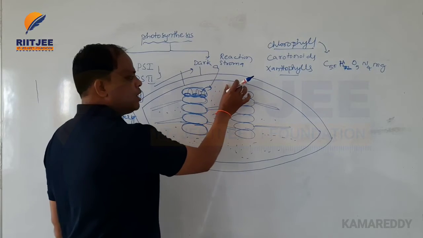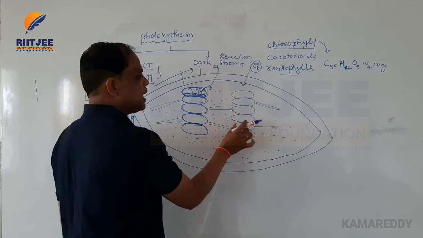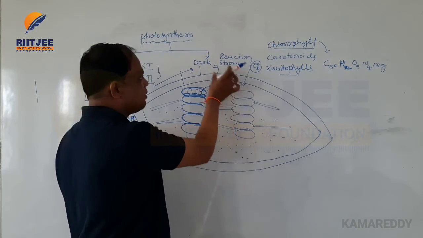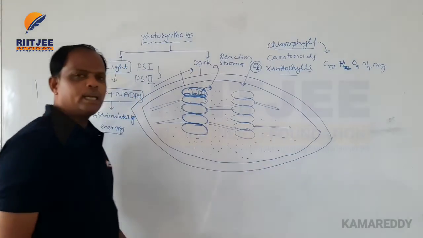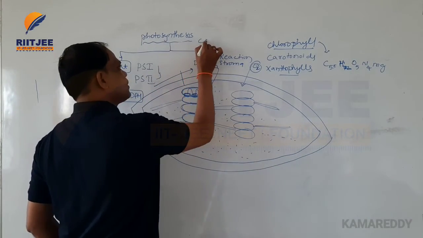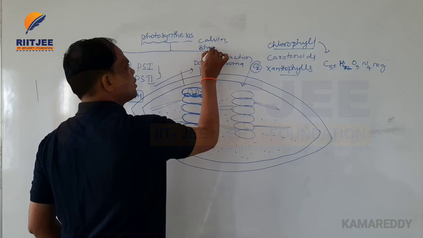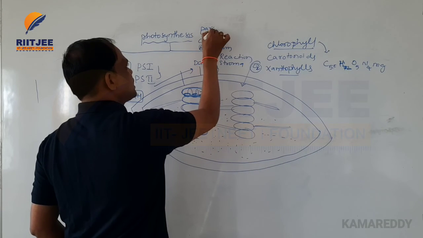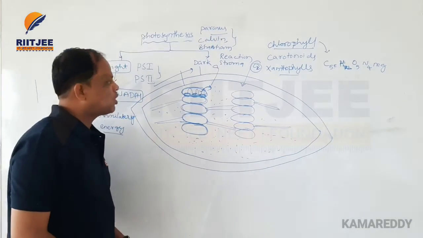Here the environmental CO2 is absorbed and fixed, and carbon fixation takes place inside the dark reaction. The dark reaction was discovered by three scientists: Melvin Calvin, James Bassham and Andrew Benson.